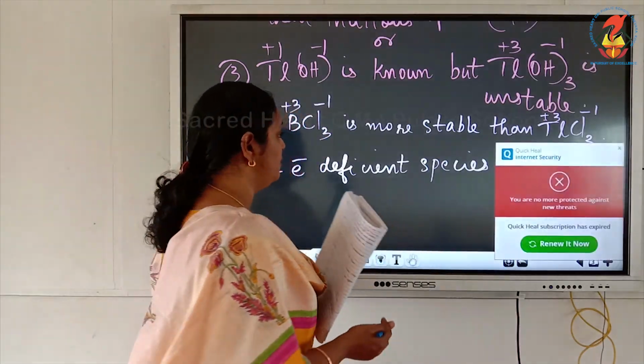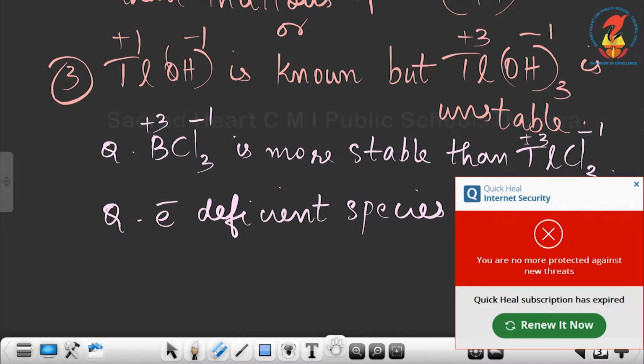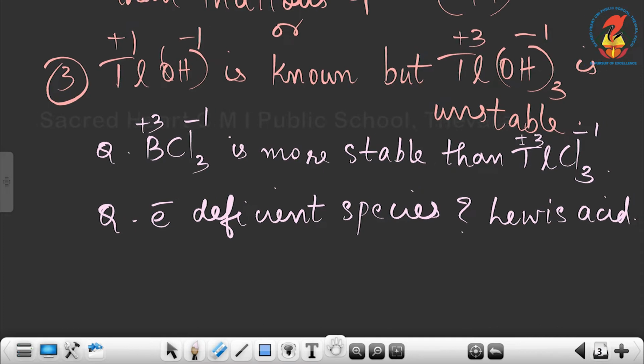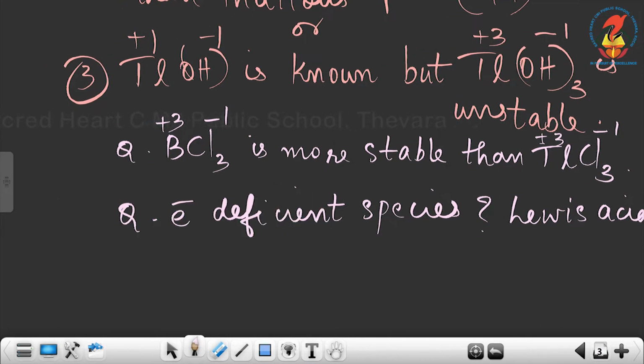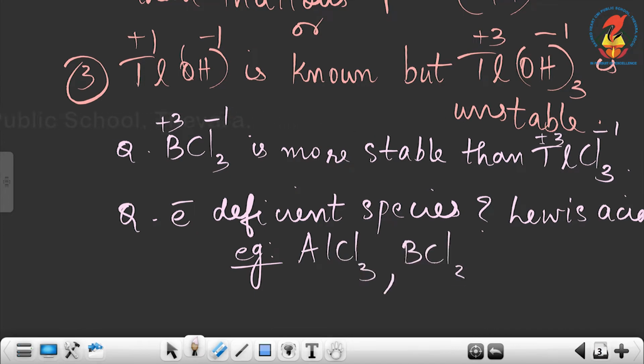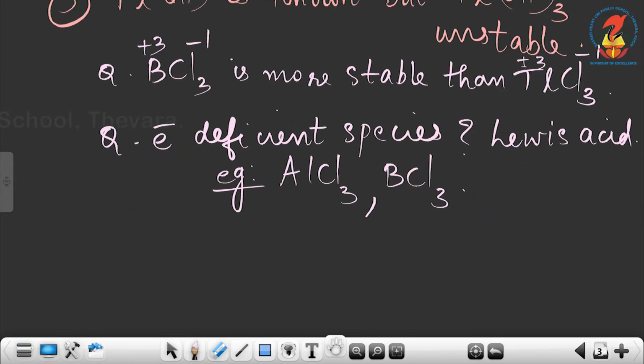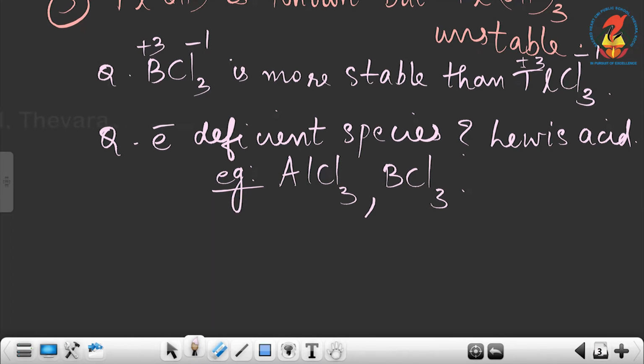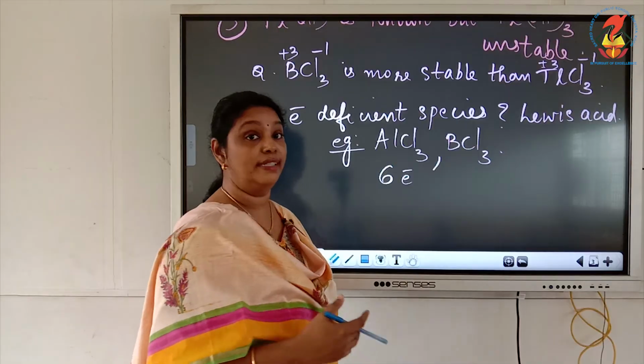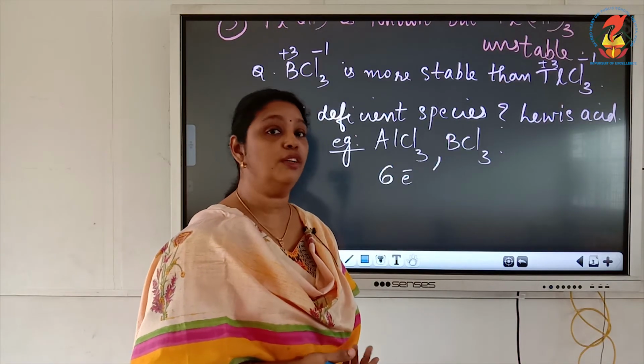Examples are aluminium chloride and BCl3. You can see that around aluminum and boron, we have only 6 electrons. The octet is incomplete, so they are electron deficient compounds.